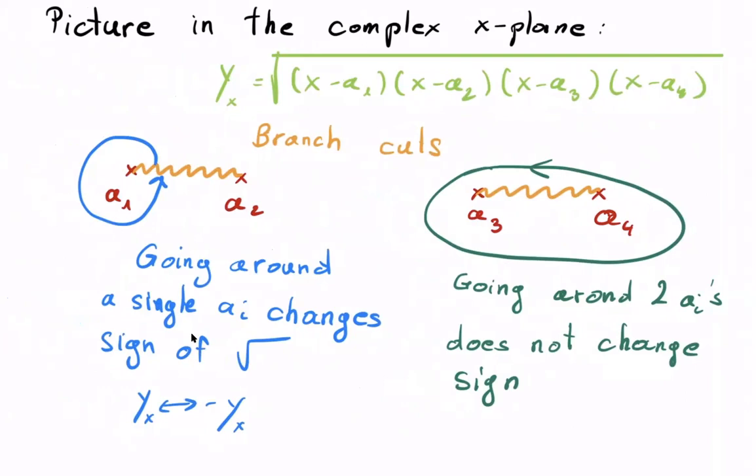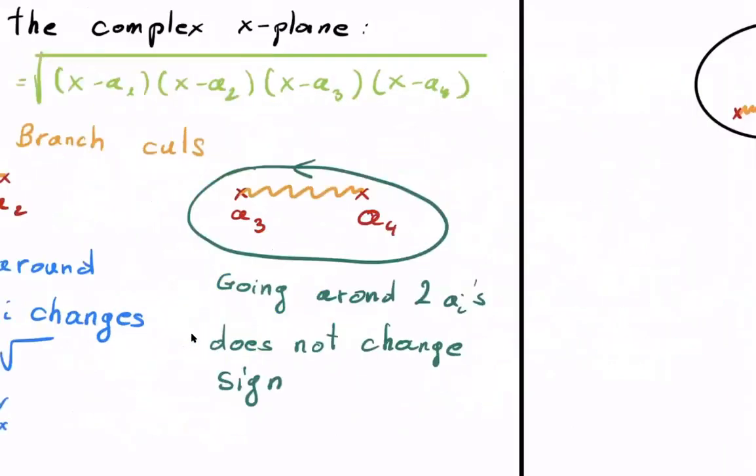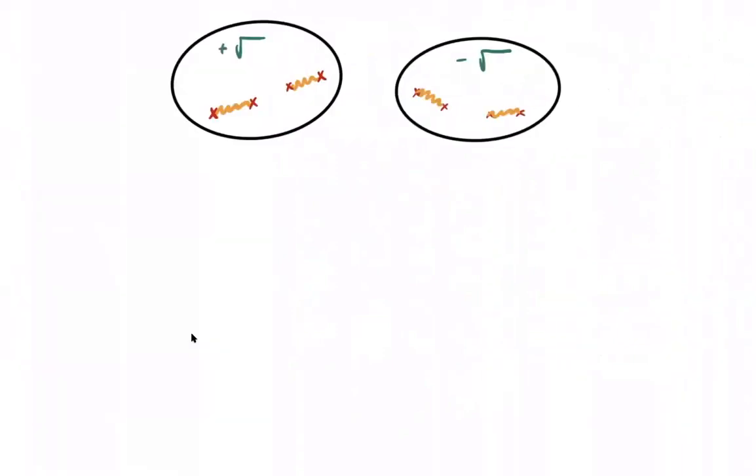Okay. So what does that mean? Well, you should picture it as follows. So now let me draw the complex x plane again as the sphere. So this represents now the Riemann sphere that I get by compactifying my complex x plane. And I have these 4 points and these 2 branch cuts.